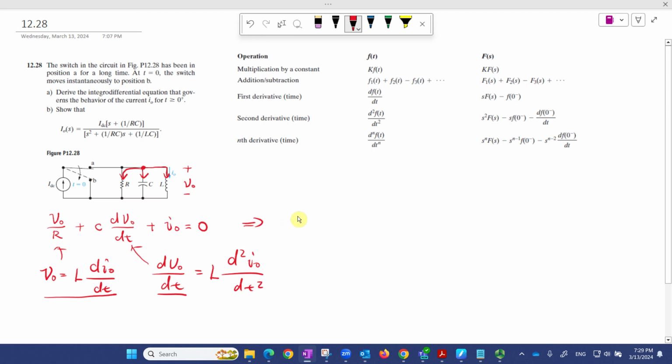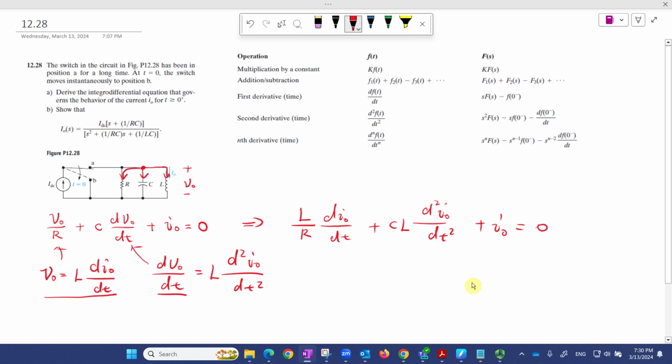It's L over R dI0/dt, that's the first term. The second term is C and L times the second derivative of I0, plus I0.